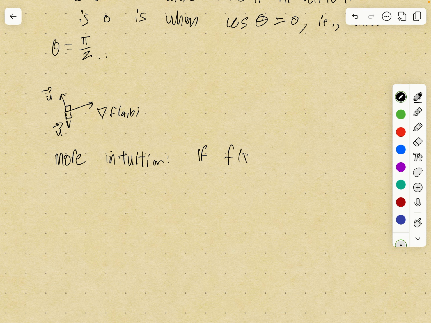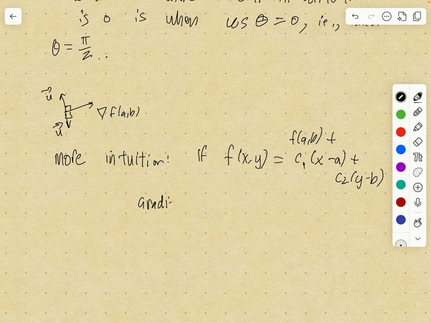So in this case, your function is like f of a comma b plus C1 times (x minus a) plus C2 times (y minus b), or something. And the gradient is just C1, C2.